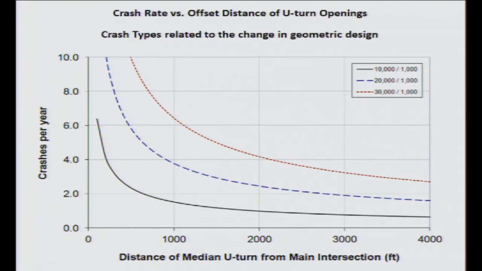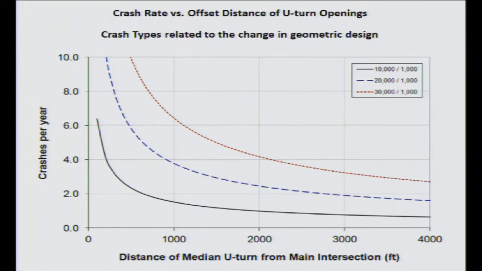And if your traffic volume increases, you use a different curve. So we came up with this kind of curve to tell the locals that with this kind of traffic volume, you have to set a minimum distance. Otherwise, you're going to have a crash issue.